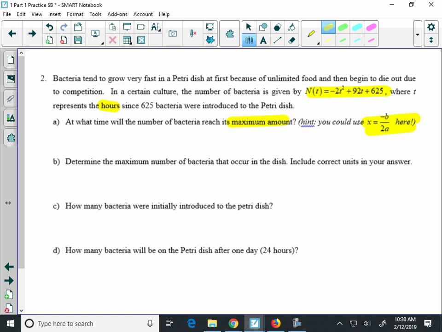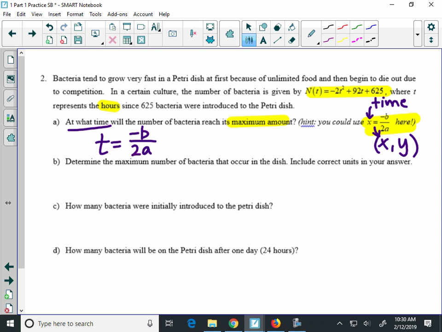And when we find a vertex using this, our vertex is always an ordered pair. So this formula finds us the x value of the vertex, which here is representing the time, which answers the question, at what time? So instead of x, I'm going to use t equals the opposite of b over 2a.